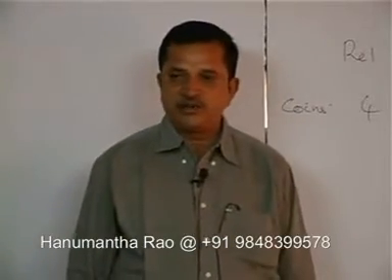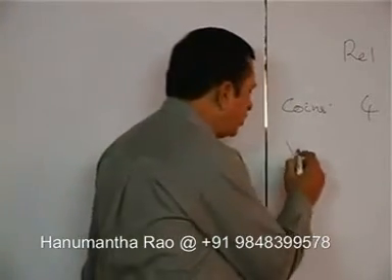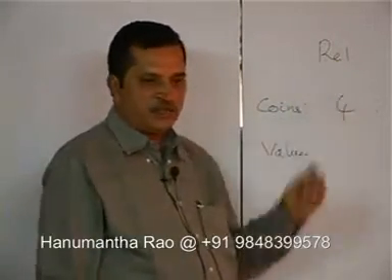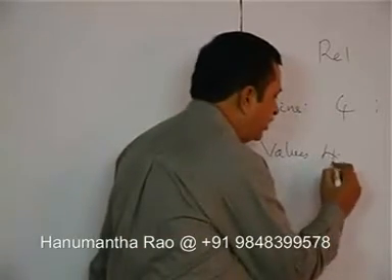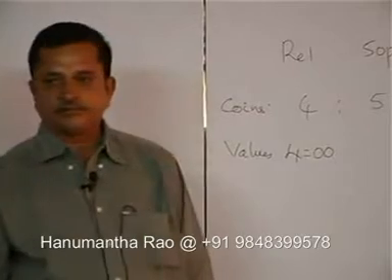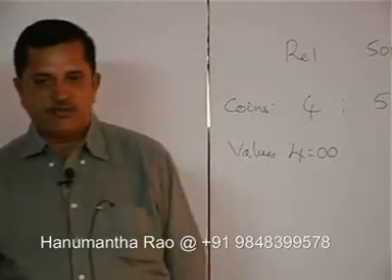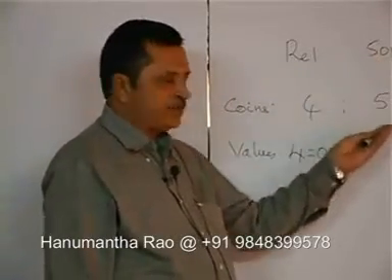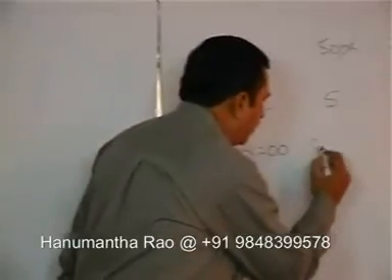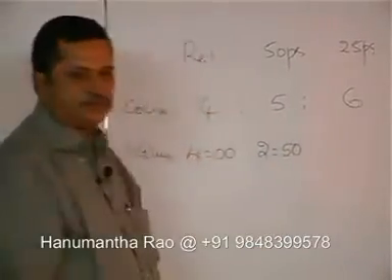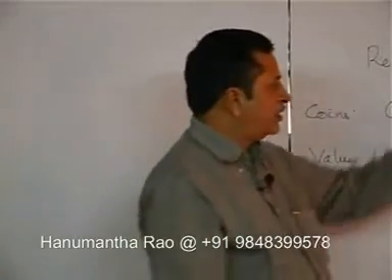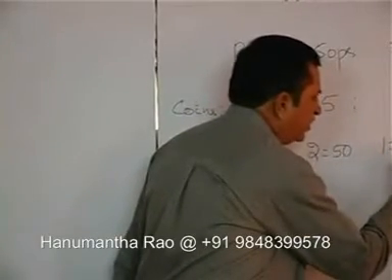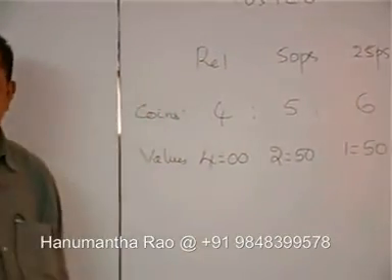If the coins ratio is given, write down the ratio of their values. 1 rupee coins are 4, which means the value is 4 rupees. 50 paise coins are 5, which means the value is 2 rupees 50 paise. 25 paise coins are 6, which means the value is 1 rupee 50 paise.